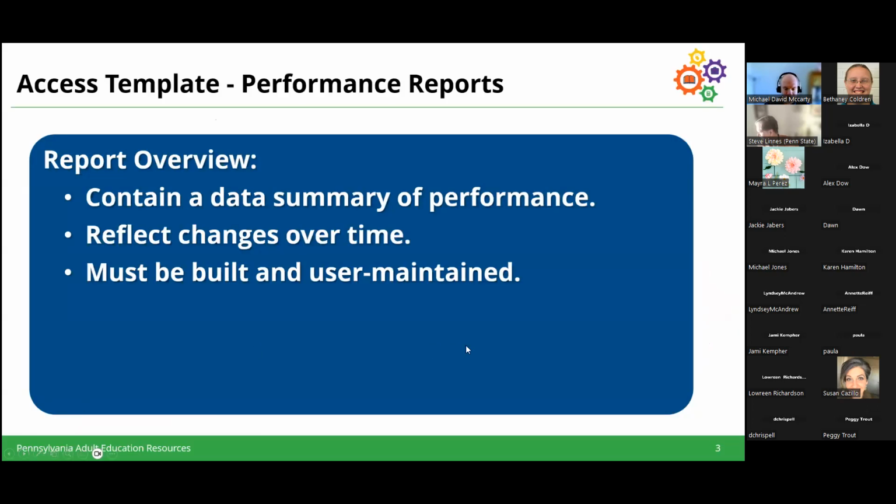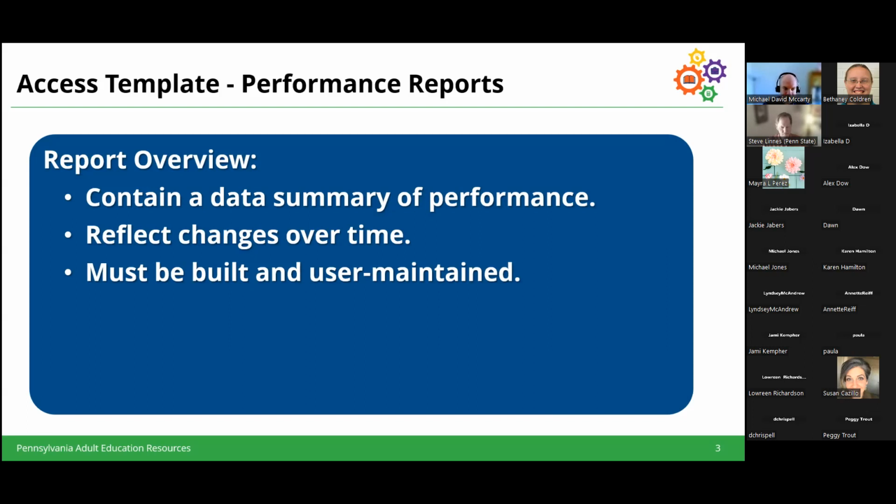So without further ado, we are going to review with you today the performance reports in the Access template. Many of you already run the reports, and we've had discussions about them before, but in case you're new to running them, we will do a demonstration shortly. In general, they contain a data summary of your performance.